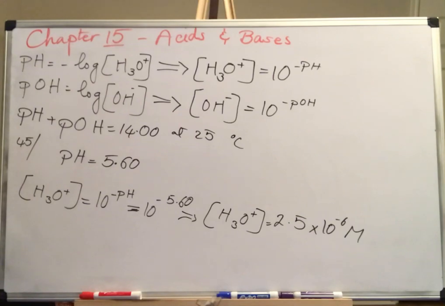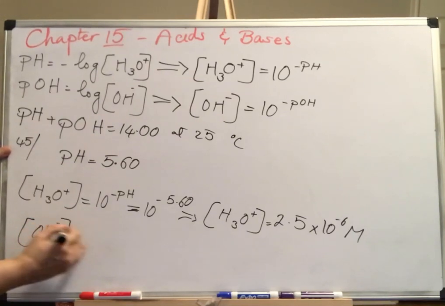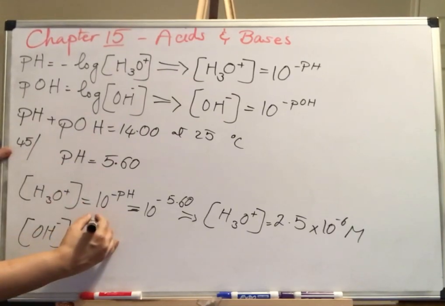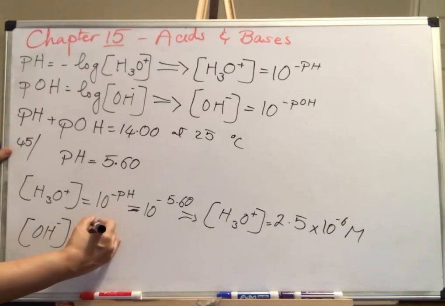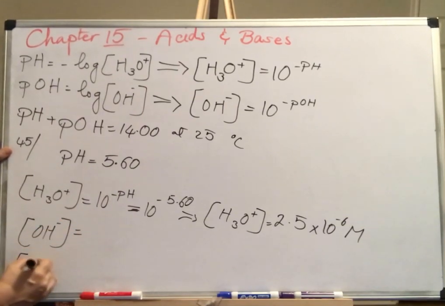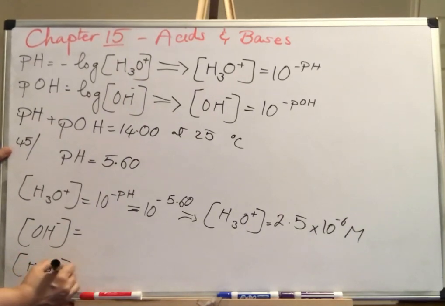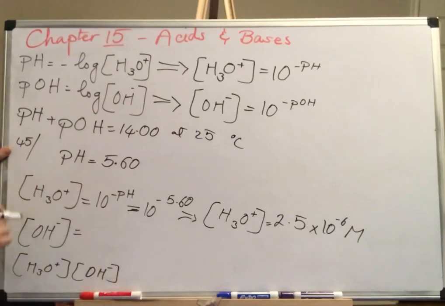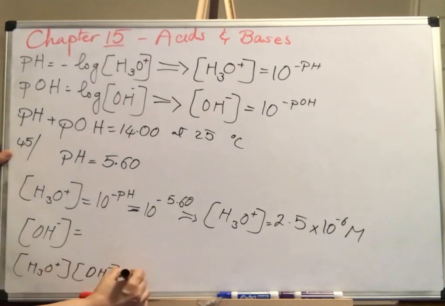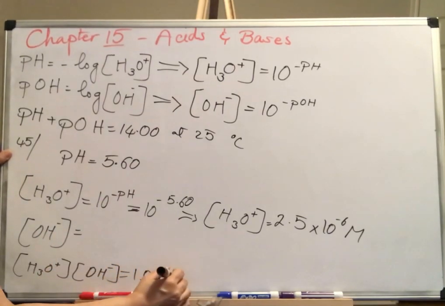If you needed to find the concentration of OH also, what would you say? You would say concentration of H3O times OH. You can go to the very last slide of this chapter. Concentration of H3O times OH is 10 to negative 14.